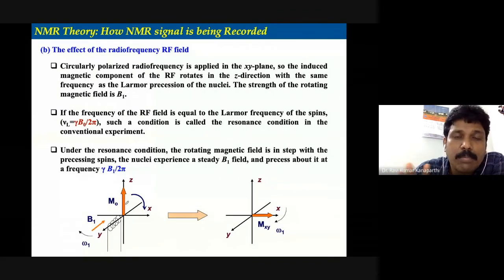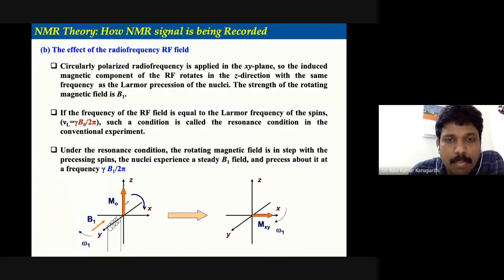Whereas B1 is nothing but the induced magnetic field produced because of the applied circularly polarized radio frequency. If this induced magnetic field matches the Larmor frequency of the net magnetization vector, that particular condition is referred to as the resonance condition.